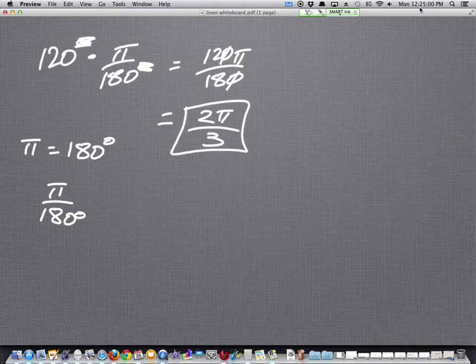So we've figured out that 120 degrees is the same thing as an angle measured in radians, which would be 2 pi over 3. So the radian measure of 120 degrees is 2 pi over 3. The key is, when I'm going from degrees to radians, I need to multiply by pi over 180.